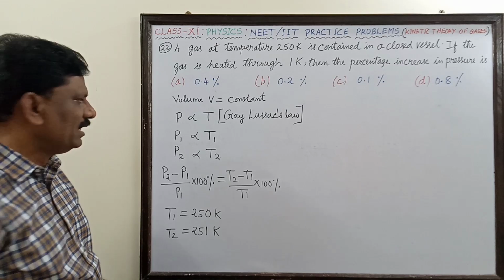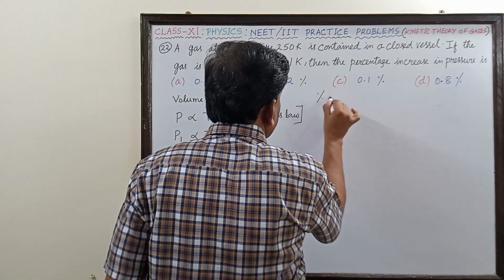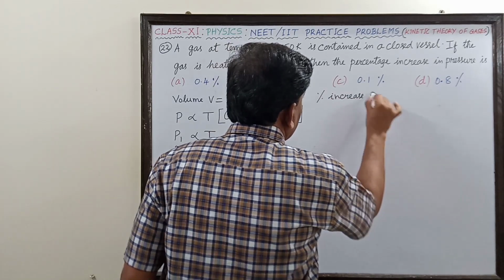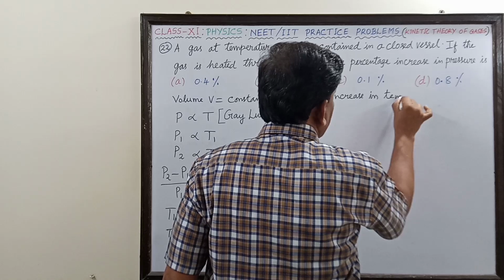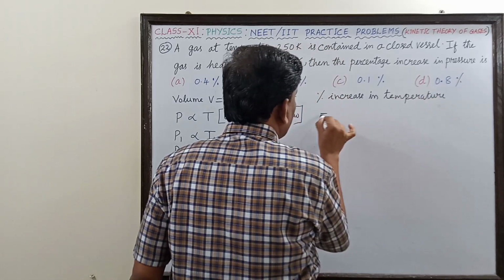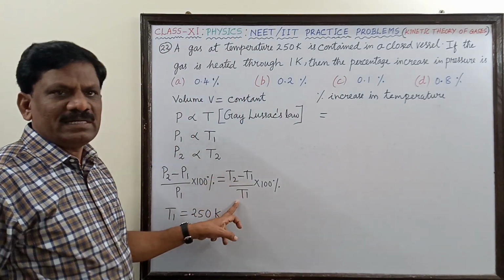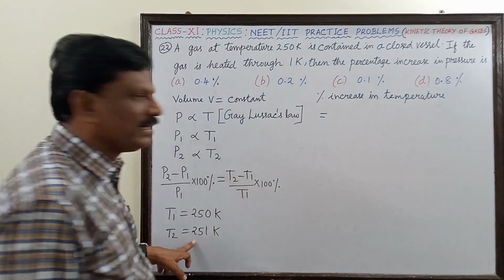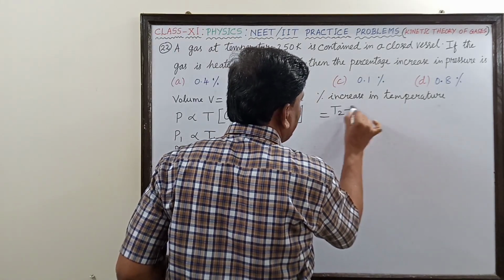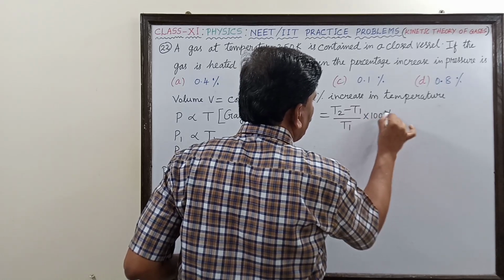So, now the percentage increase in temperature is equal to T2 minus T1 by T1. What is T2 here? 251. So, this is equal to, I will write once again, T2 minus T1 divided by T1 into 100%.